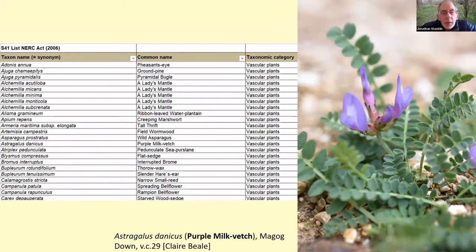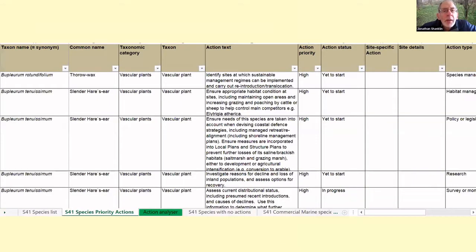So, for example, the Astragalus danicus that I've illustrated, quite amazingly, that came up out of the seed bank at Magog Down following the creation of a scrape. However, when you drill in and find out what actions are being taken, for rather too many of them, the action is yet to start. And that is really quite a worrying condemnation, that if we're going to reverse the biodiversity decline, we shouldn't be starting 10 years after the project was started.